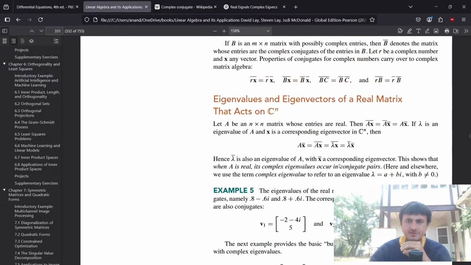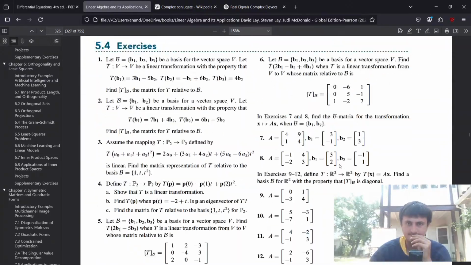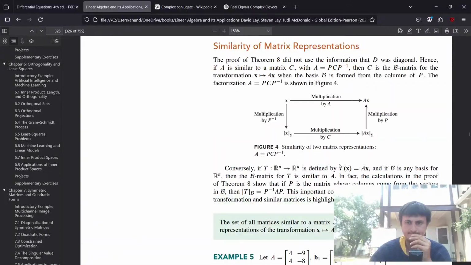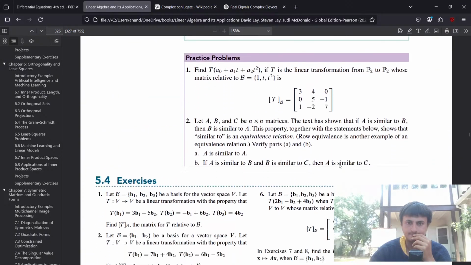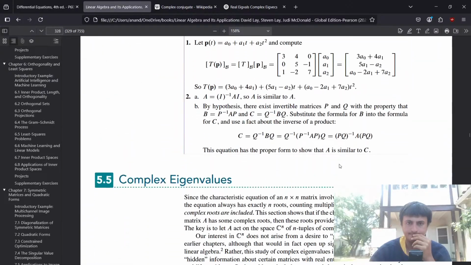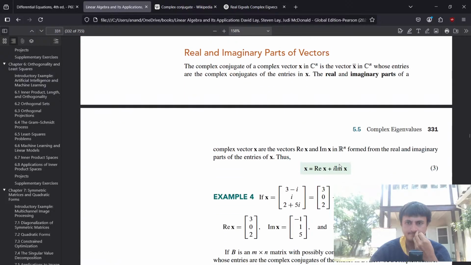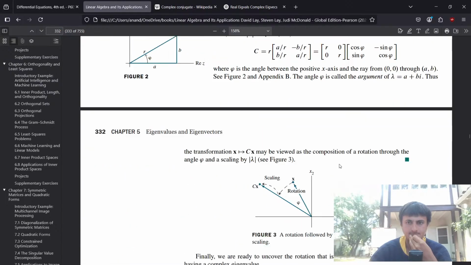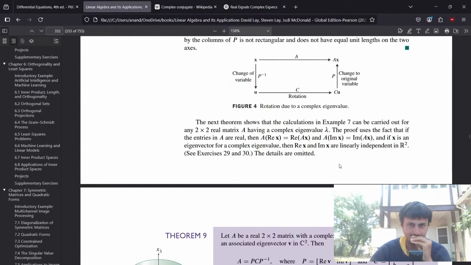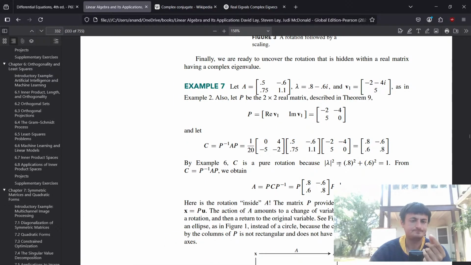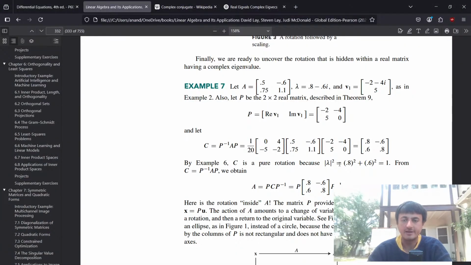But what was that 2 by 2 matrix in theorem 9? Why would they refer to it after? That's weird. Okay.